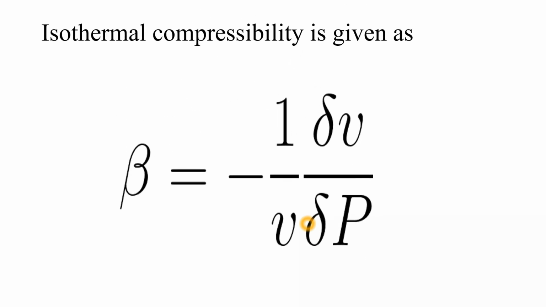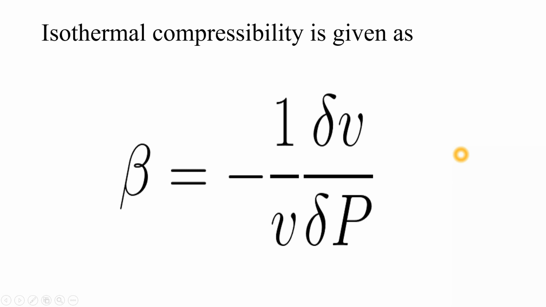Isothermal compressibility is given as, remember this formula, beta = -(1/V)(∂V/∂P). Where V, whenever we use the small v, means molar volume.